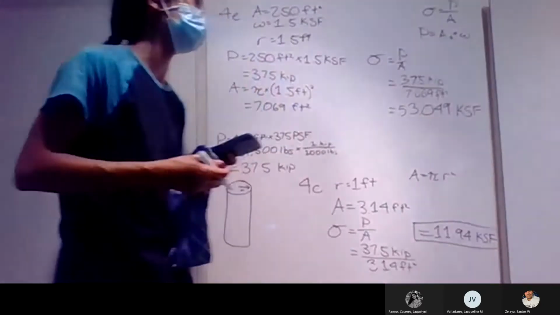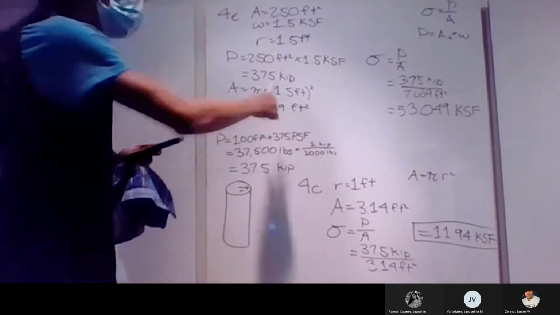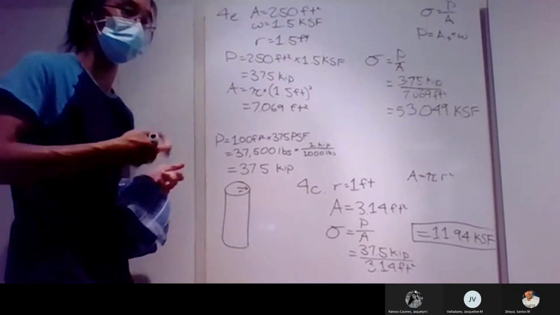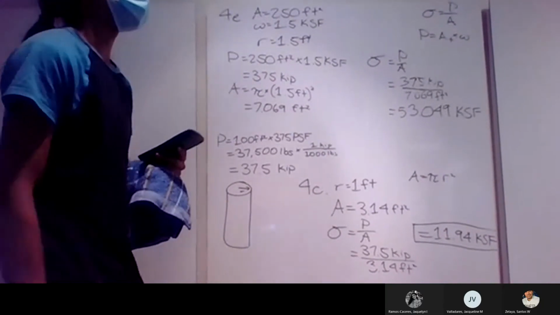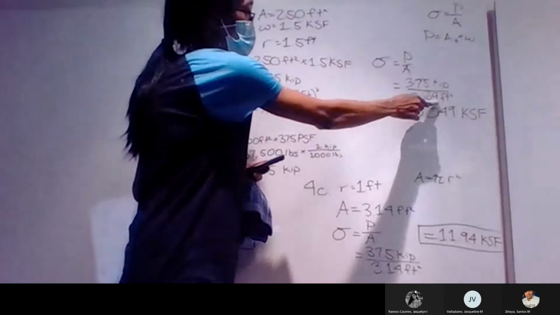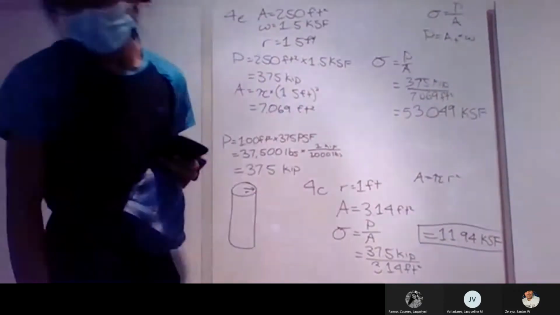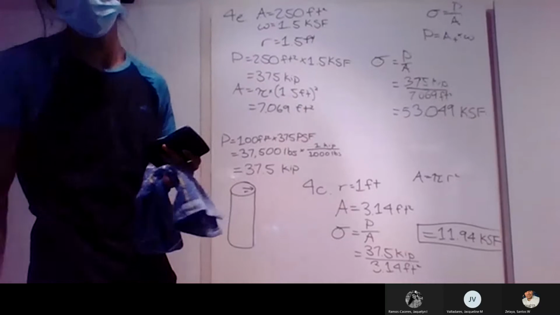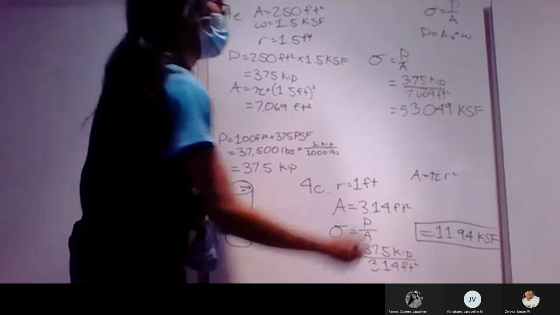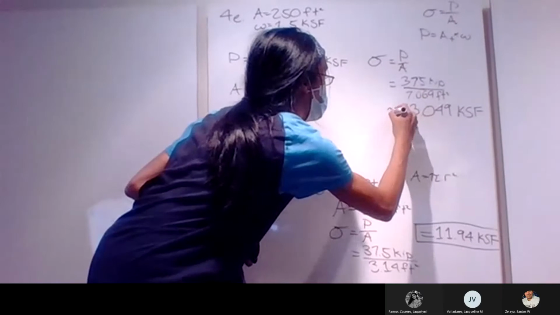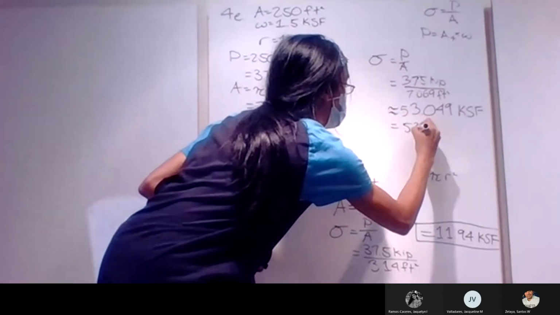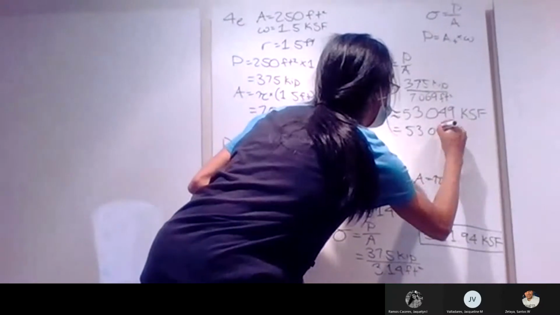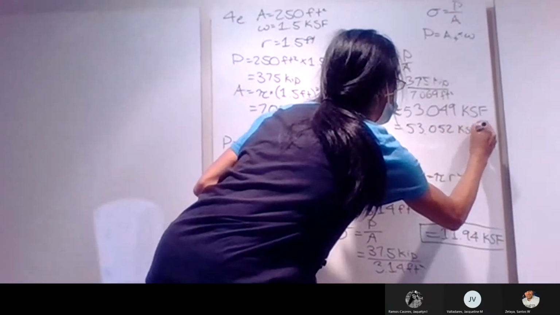You would get a different number if you use the actual value of pi, because pi is a pretty long number with a bunch of digits. If you use the store function in your calculator, this is approximate, you would get 53.052 KSF.